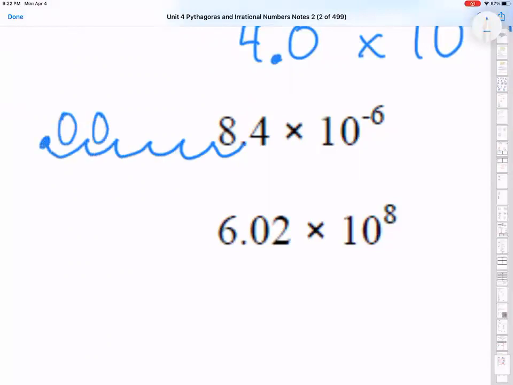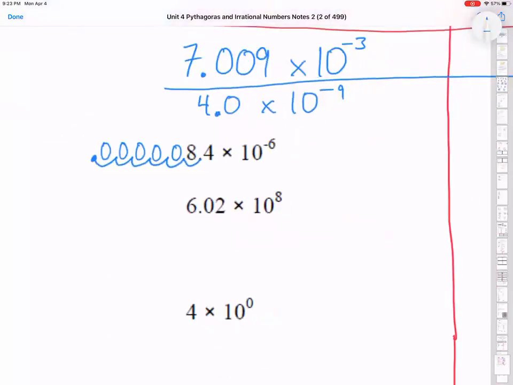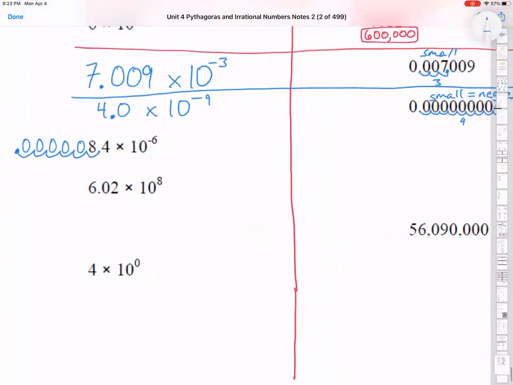Now we throw in our zeros for those bumps. And there's our standard form. So we end up then with 0.00000084 when it's all done.